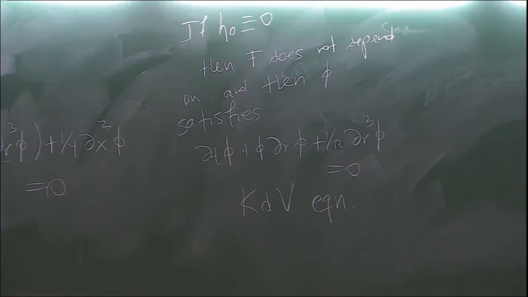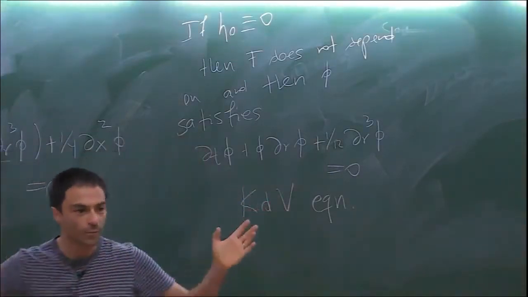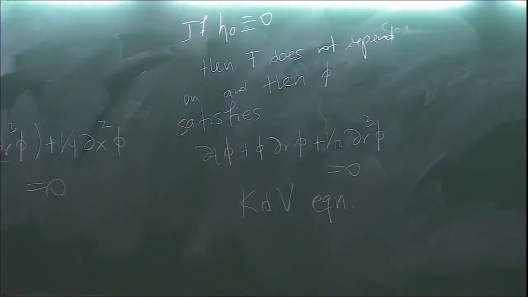If you know some inverse scattering theory, say for KdV, you want to solve KdV, and what you do is map this to a completely different problem about a certain Schrodinger operator, and that's a linear problem for some different object. You map it to this object, you run this linear evolution, which is much simpler than the nonlinear PDE, you get the solution at time t, and then you have to invert, right?